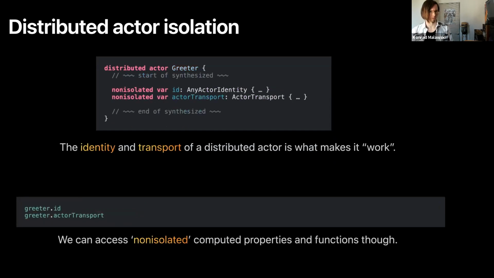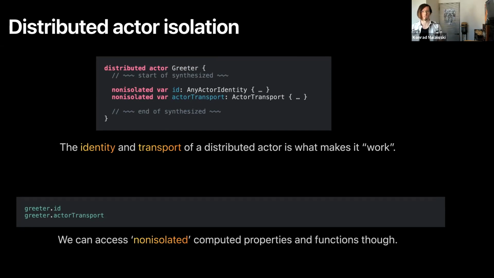There's a little bit more to a distributed actor. We add two implicit properties, which are non-isolated vars. That means you can access them, again, without hopping to the actor. And one of them is the identity. As I said with the user pattern, where you want to print out, hey, what actor am I interacting with? Distributed actors always have an identity.